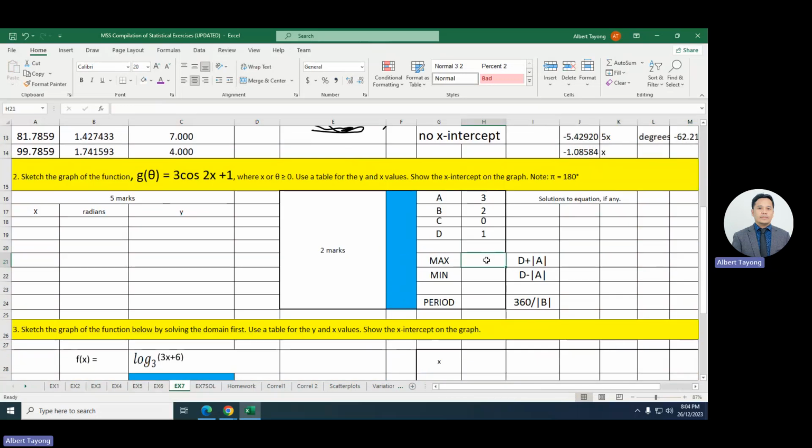Okay, maximum. What's the maximum? 1 plus 3. How about the minimum? 1 minus 3, negative 2. What's the period? 360 over what? Over 2. So we have 180.